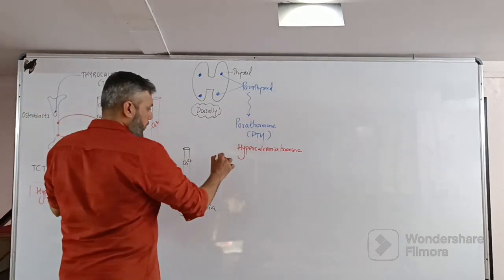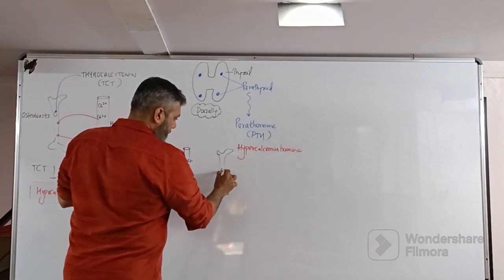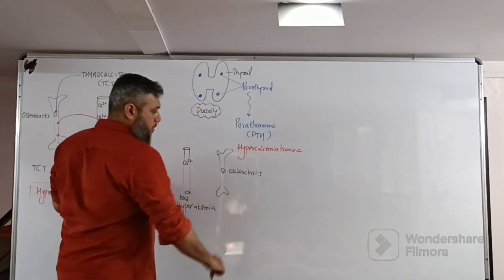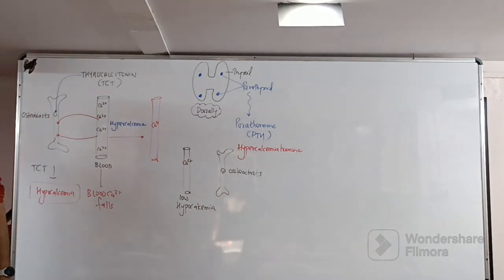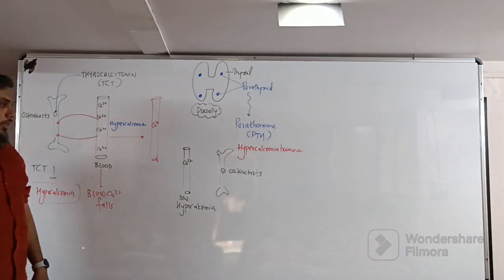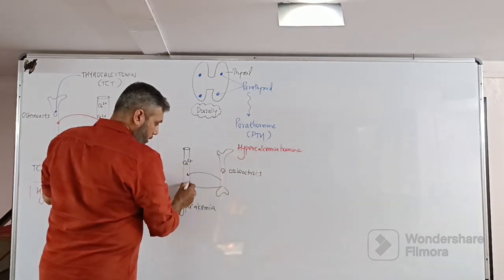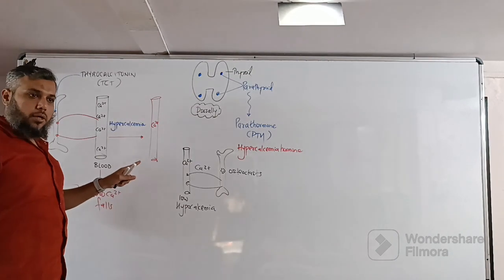And then there is a bone with cells called osteoclasts. You remember animal tissues? What can they do? They can dissolve the bone. Bone resorption. That is, they will cause the calcium to move from the bones into the blood.